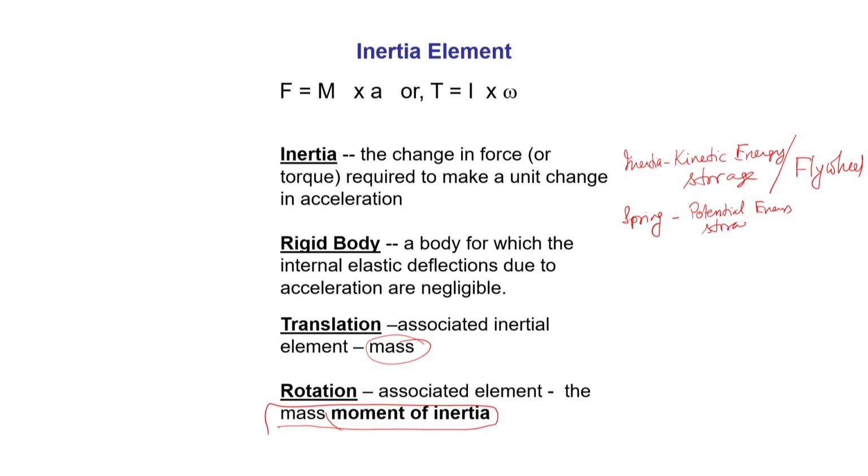And then the other one, the damper, is used for energy dissipation. Whenever I need to dissipate energy from the system and reduce the energy level, we need a damper. Very interestingly, each one of them has an equivalent in an electrical element.